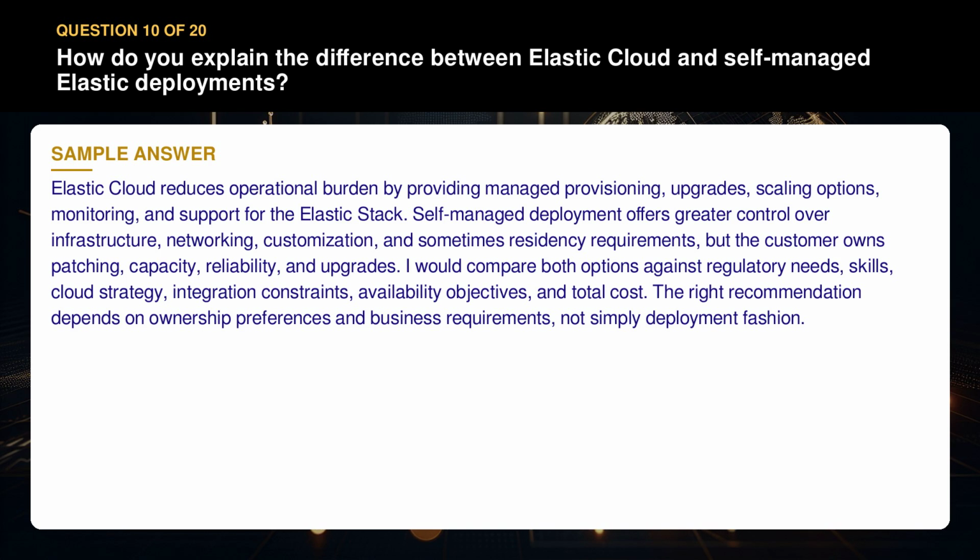Self-managed deployment offers greater control over infrastructure, networking, customization, and sometimes residency requirements, but the customer owns patching, capacity, reliability, and upgrades. I would compare both options against regulatory needs, skills, cloud strategy, integration constraints, availability objectives, and total cost. The right recommendation depends on ownership preferences and business requirements, not simply deployment fashion.